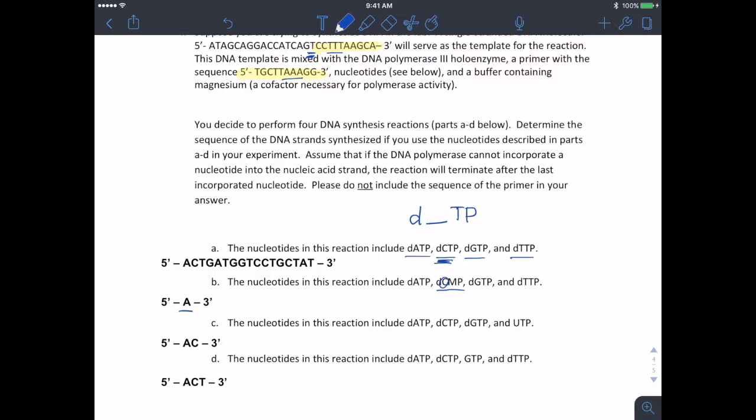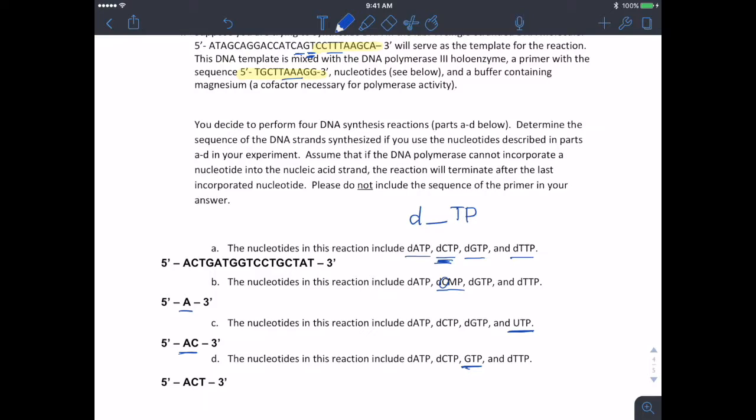And then with this one, it looks like we do not have the base necessary to synthesize the T. So when we get to this A base here, we're going to run into that problem, and that's why this one is only going to be 2 base pairs long. And then finally, with this one, it says GTP, which isn't going to be able to be used for synthesizing that G nucleotide.